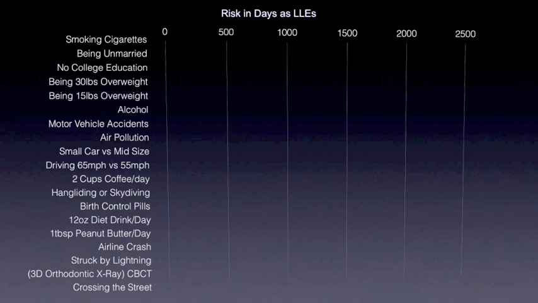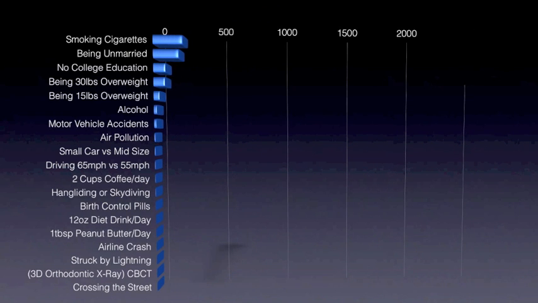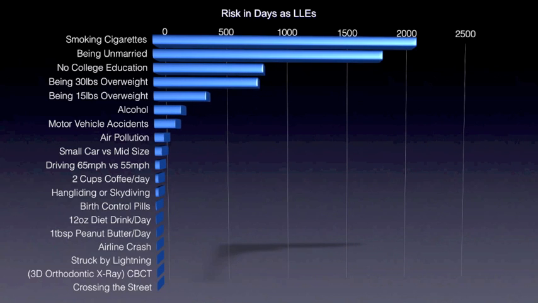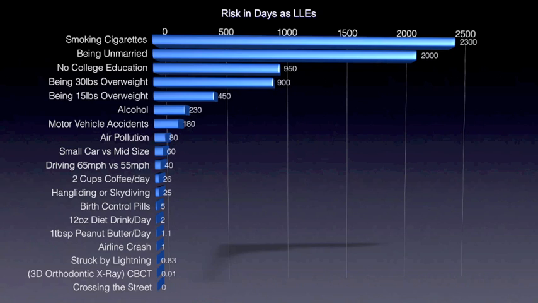So here are a few of the risks that many of you are familiar with, listed in terms of their days of LLE, or loss of life expectancy. One of the risks that we all understand quite well is smoking cigarettes, with a risk of about 2,300 days.